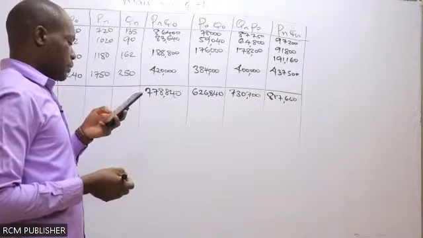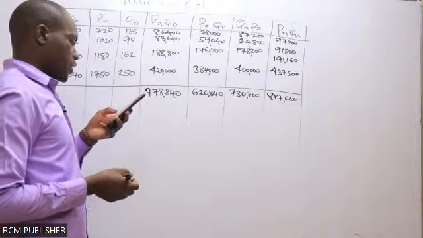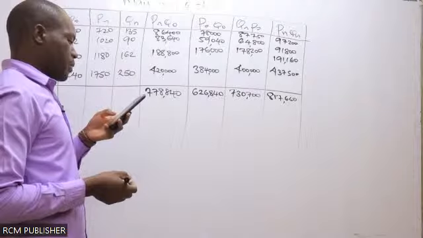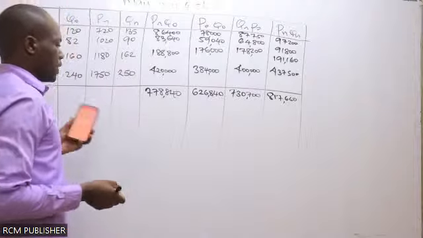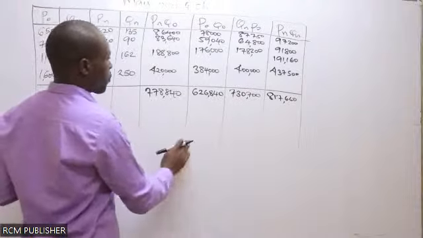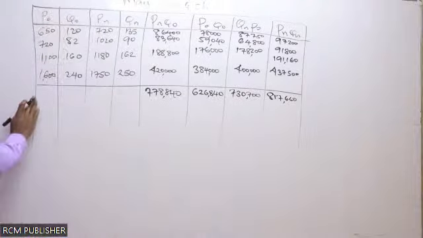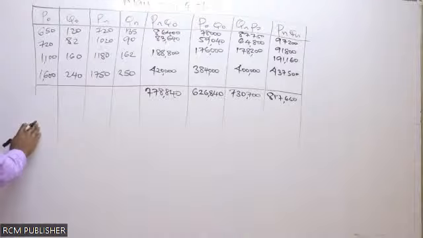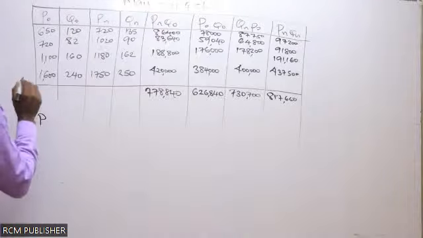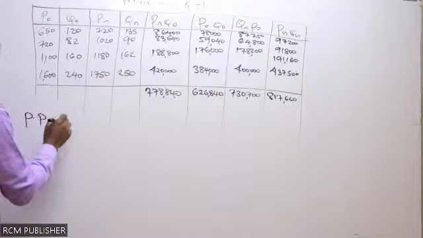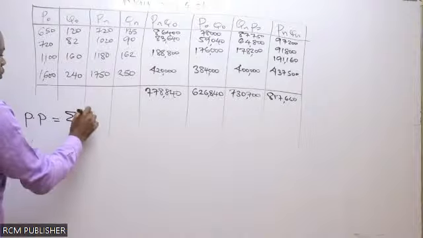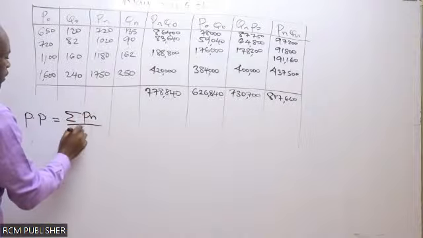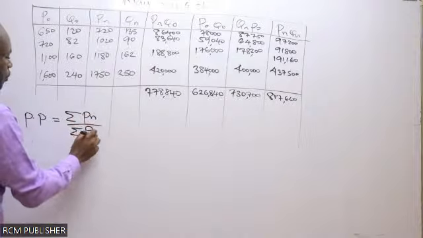Required: the Paasche price index for the year 2019 and 2020 using 2017 as the base year. So, the Paasche formula, if you want to get the price index: Paasche assumes that it is the summation of PNQN over the summation of POQN.